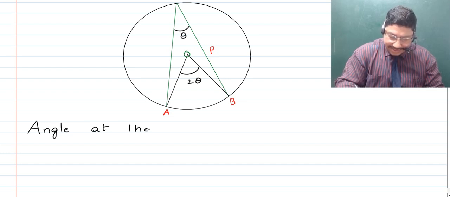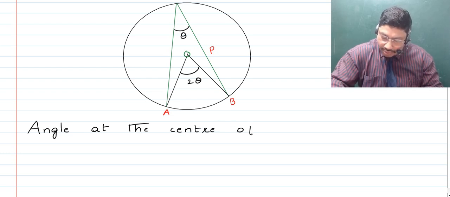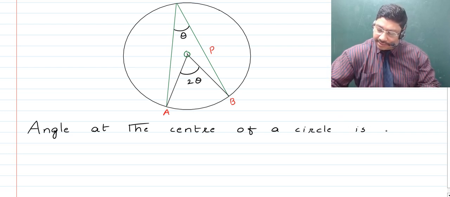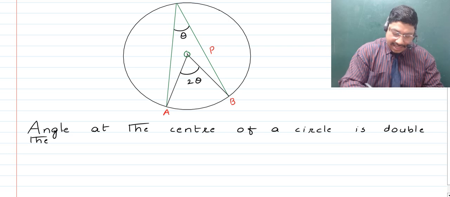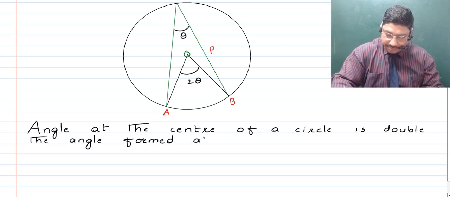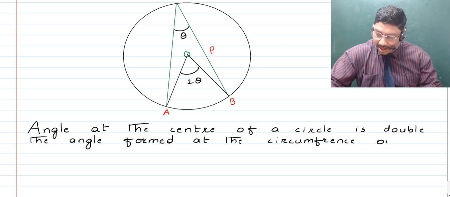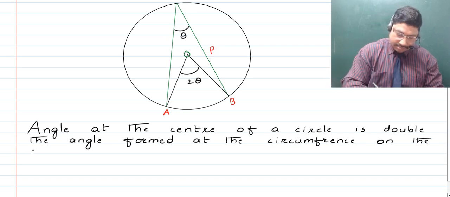Angle at the center of a circle is double the angle formed at the circumference on the same arc, right?